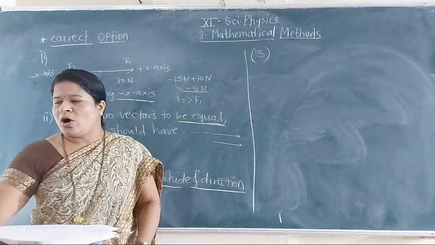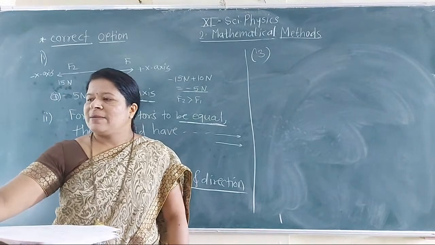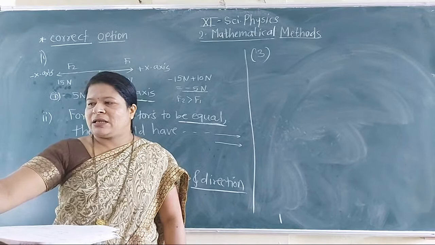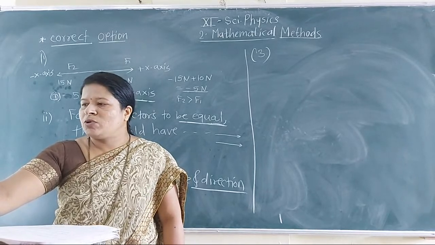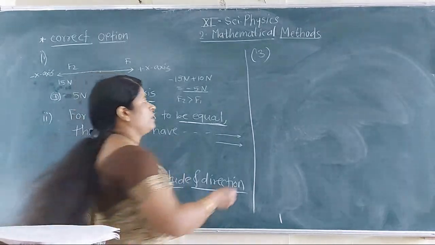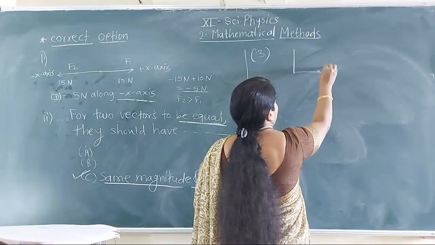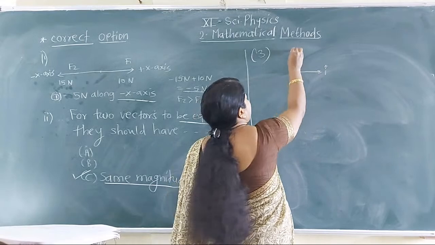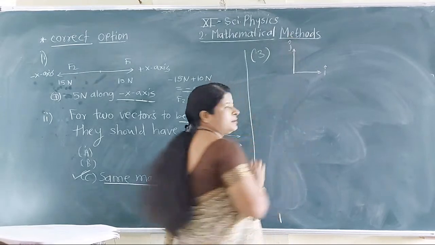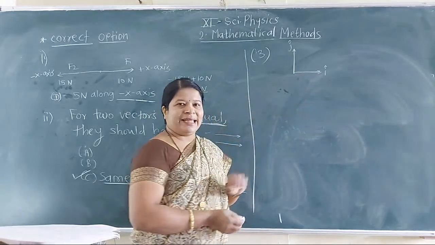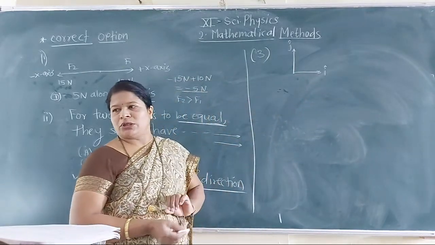Now third MCQ, on page number 29. The magnitude of the scalar product of two unit vectors perpendicular to each other. For example, this unit vector i cap and this is the unit vector j cap. These two unit vectors are perpendicular to each other.